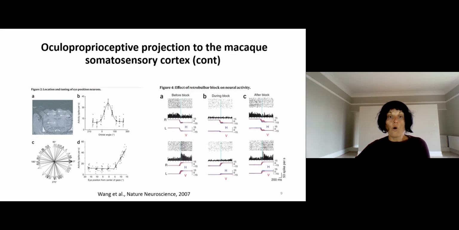And all directions in the visual space were represented in this area where the researchers placed their electrodes.